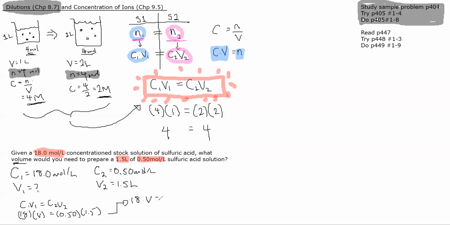That's 0.75, so 18 times V1 equals 0.75, and V1 is 0.75 divided by 18, which is 0.04166666 repeating.